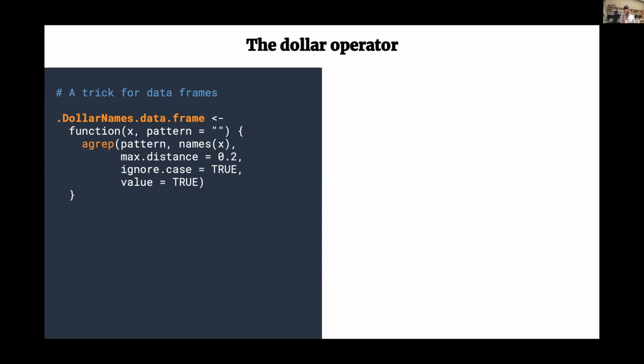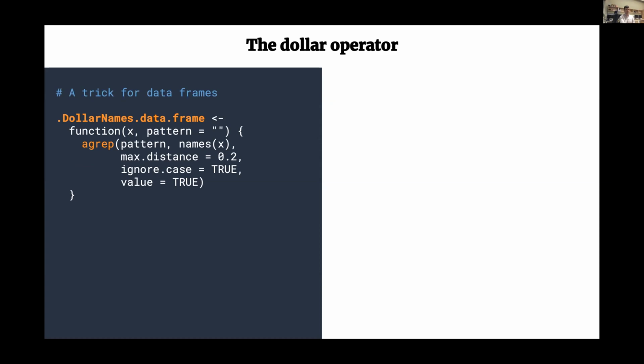And here I try to use this agrep function. agrep is very similar to grep. It tries to look for patterns, but it's not exact, so you can have mistakes in there. If you look at the third argument there, max distance, it specifies how much of a mismatch the function tolerates. Then we also add ignore case because we want to autocomplete even if we put the wrong case there, and value equals true, just so it returns the value to us.